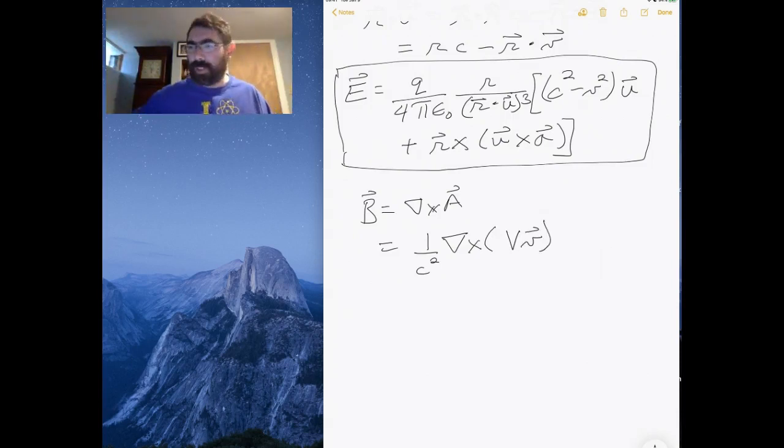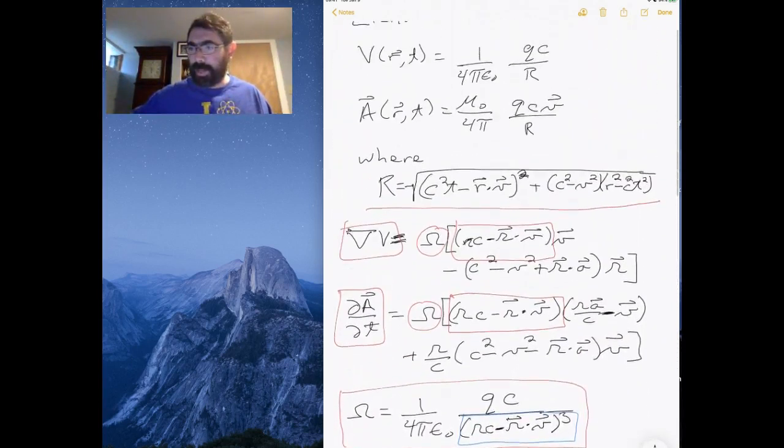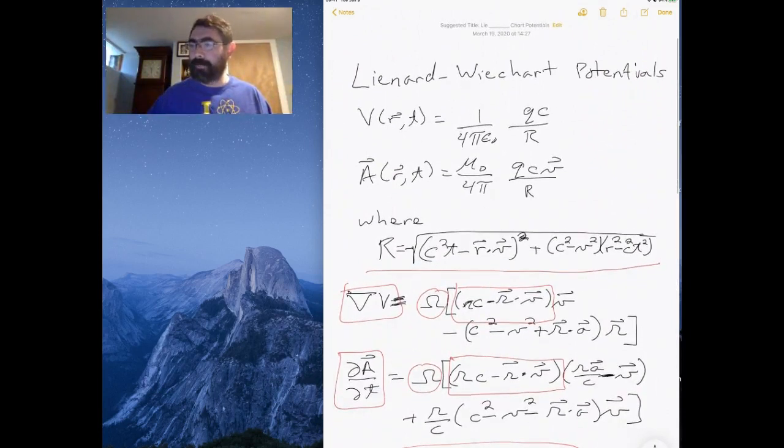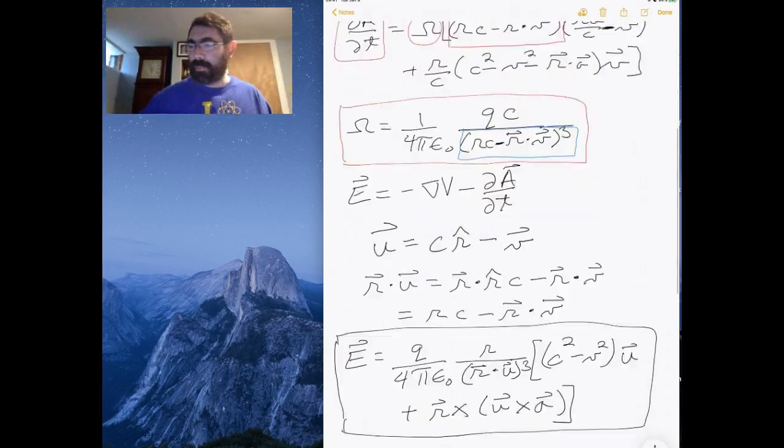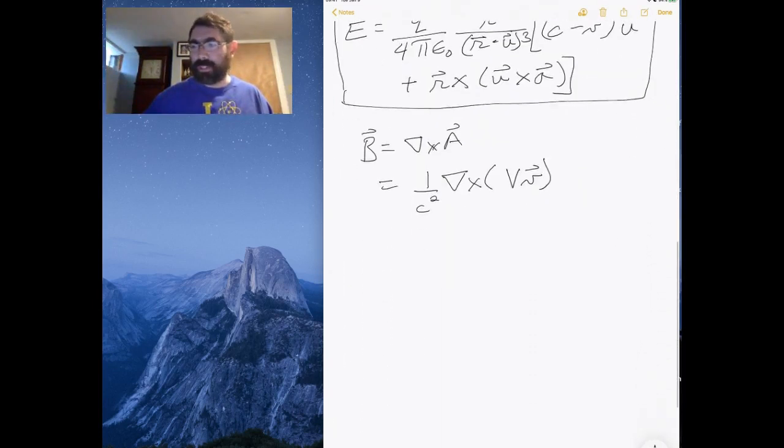I don't know if you noticed that, but if I go back up to when I started, A is just the potential V times the velocity. So that simplifies things a lot in trying to do this calculation.